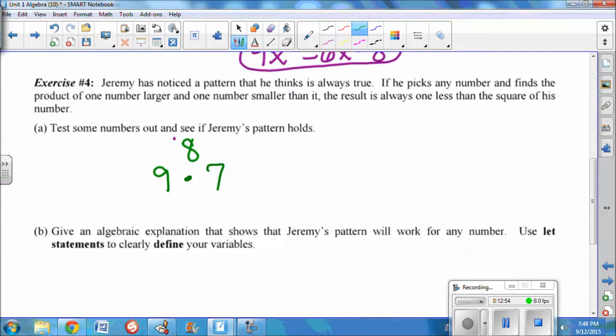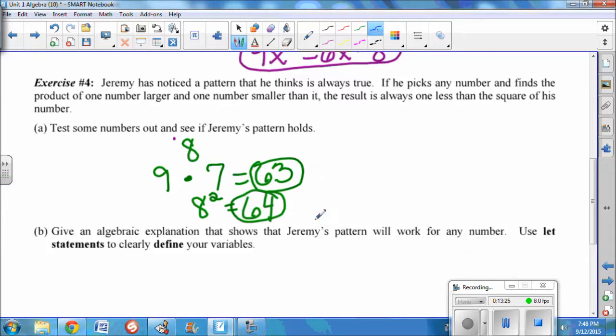So product means to multiply. Okay, so we know 9 times 7 is 63. And he says the product of this is always one number less than the square of the number we worked with, we picked. So 8 squared is 64. Is that one number less than 63? Yeah, it sure is. I think that's pretty cool, but I wouldn't just go with one example. I don't know.